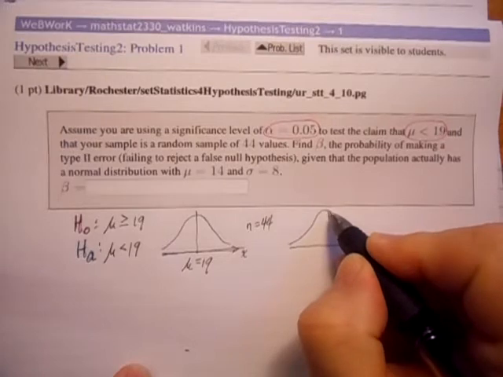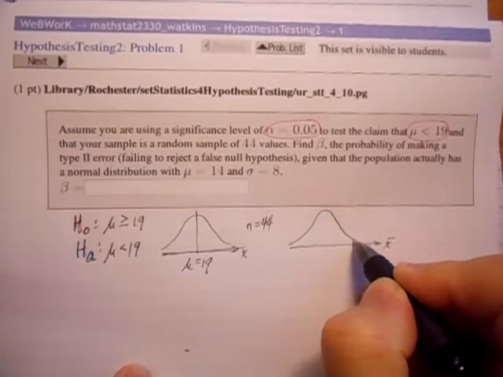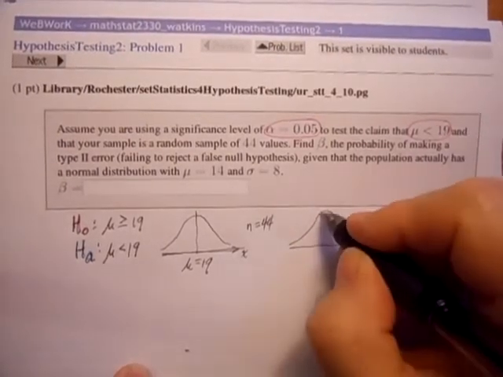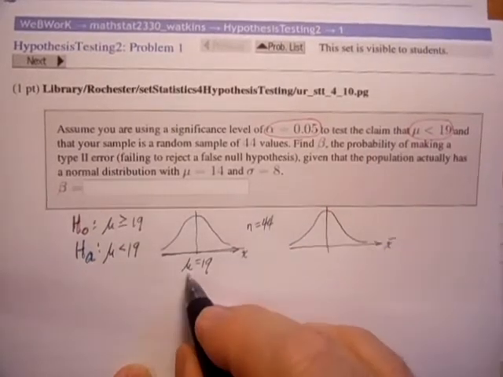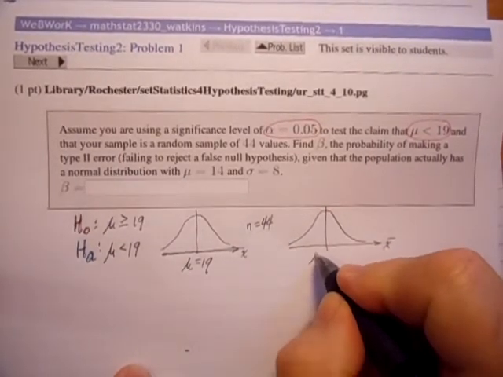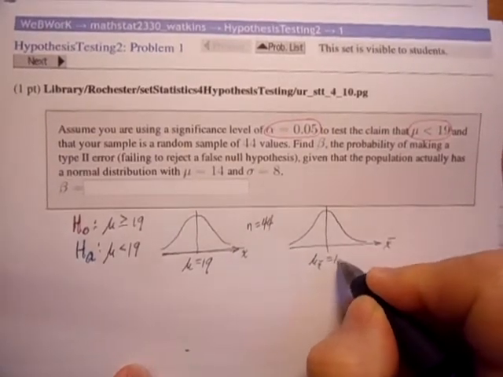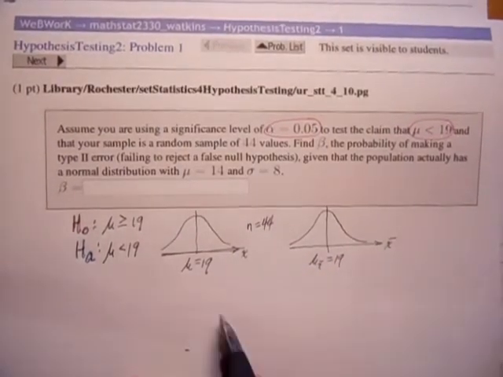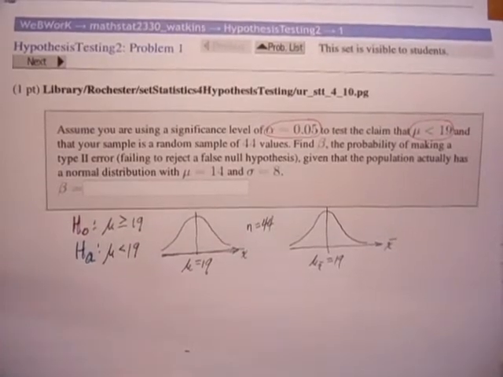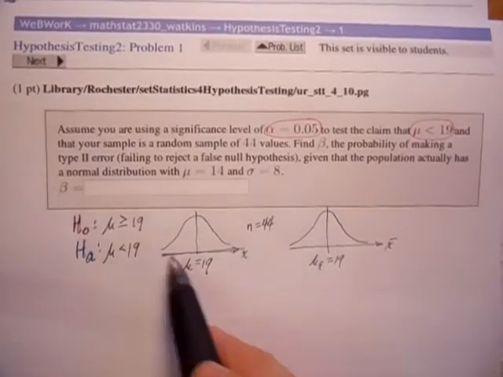The distribution of the sample means by the central limit theorem is normally distributed, and it would have the same mean as this one. The mean of the x bars is going to be 19. Okay, if that's what the alternative hypothesis is.